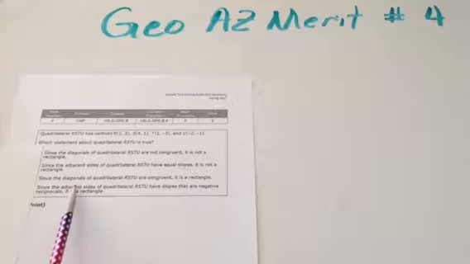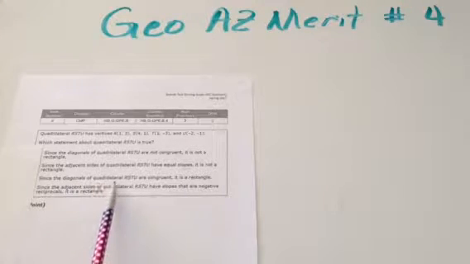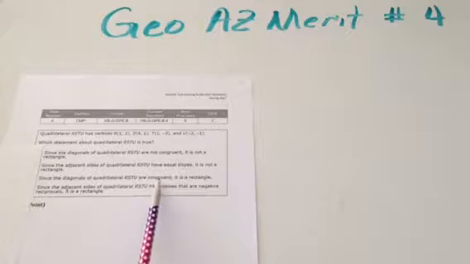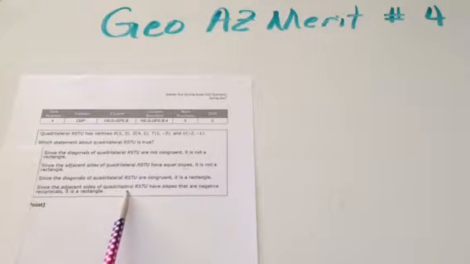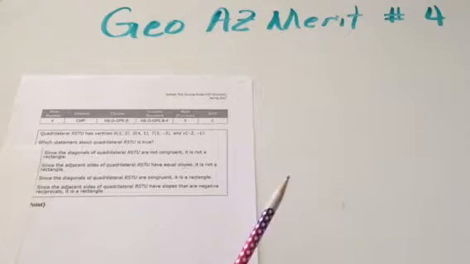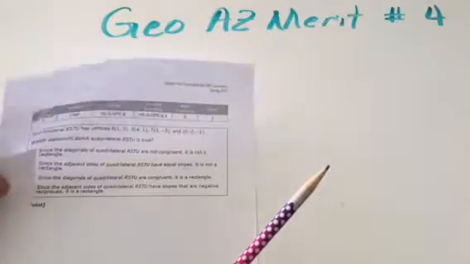Since the diagonals of quadrilateral RSTU are congruent, it is a rectangle. Here it was not congruent, here it is congruent. And then since the adjacent sides of quadrilateral RSTU have slopes that are negative reciprocals, it is a rectangle. Those are the 4 choices that you have.